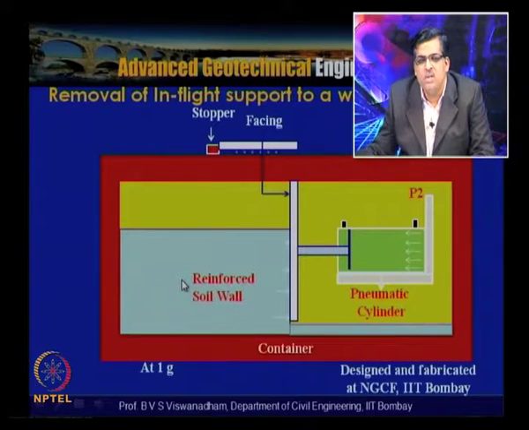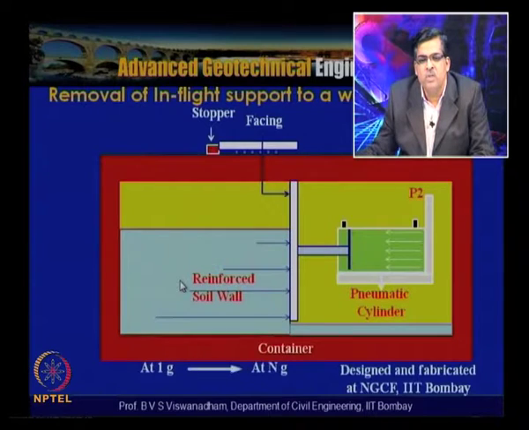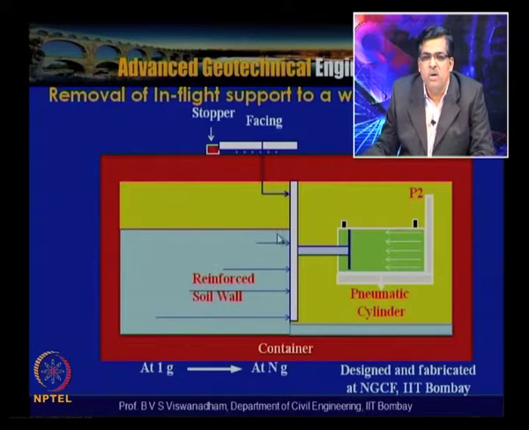This is at 1G status. Once we go to NG, that means we have an equilibrium or K0 condition, achieved by establishing equilibrium in forces because of this pressure applied. Because this wall is supported on these frictionless bearings, the wall height and wall weight will not come into the picture here.